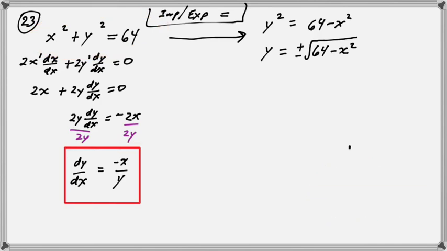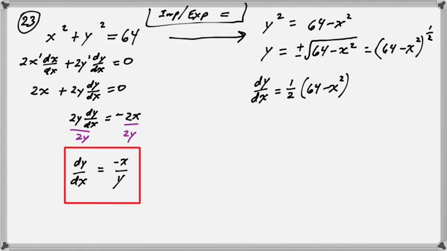Now I got the graph, so I'm going to take it away. Are you aware that this means to the 1/2 power? So when I take this derivative explicitly, which just simply means solve for y, you would do power 1/2 times the base, 64 minus x squared, to the one less power, times the derivative of the base, which is, let's go ahead and write it out.